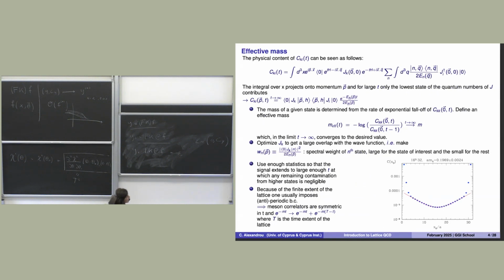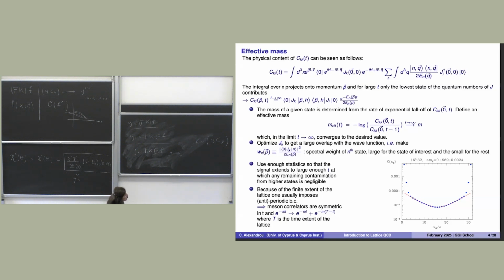Then I put a complete set of states of my Hamiltonian. This is unity, because if I were able to solve the full QCD Hamiltonian, this would be my complete set of states. Then this acts on my states and gives the energy of the corresponding state.